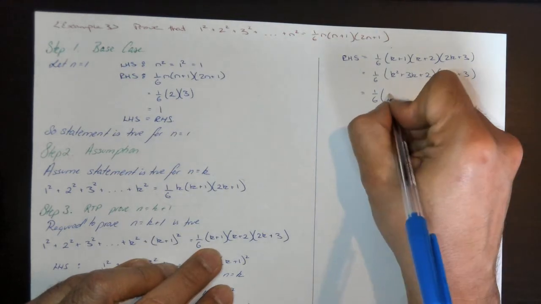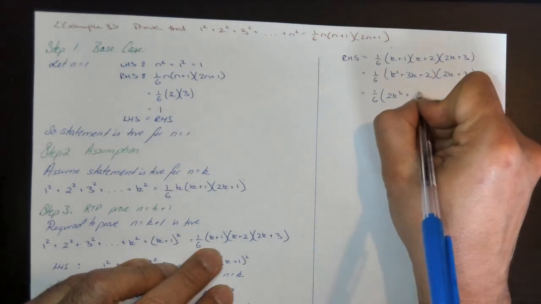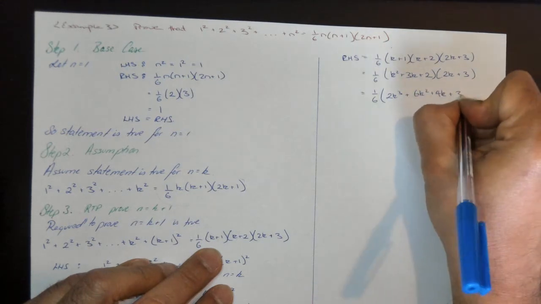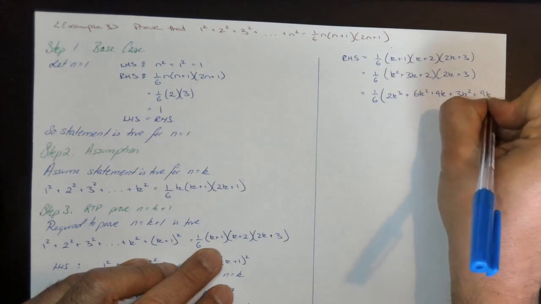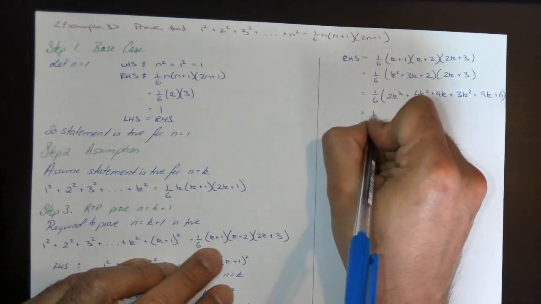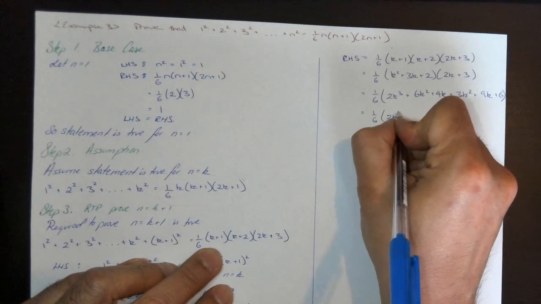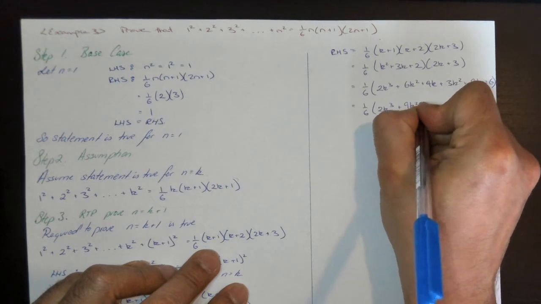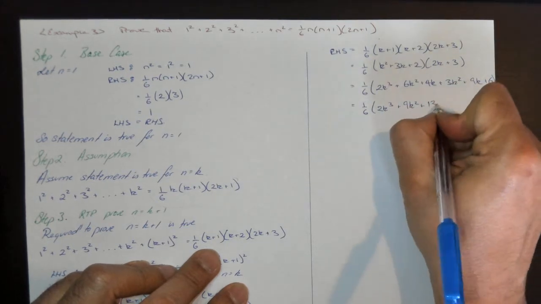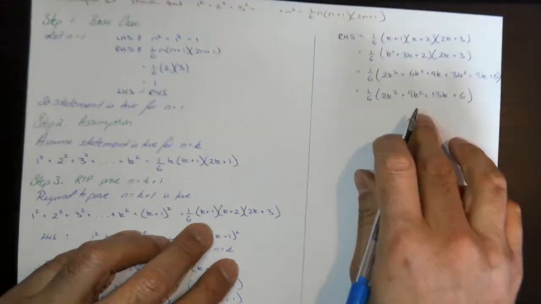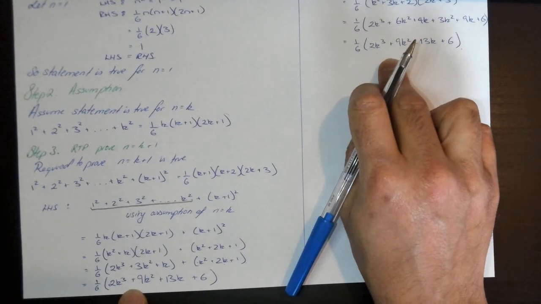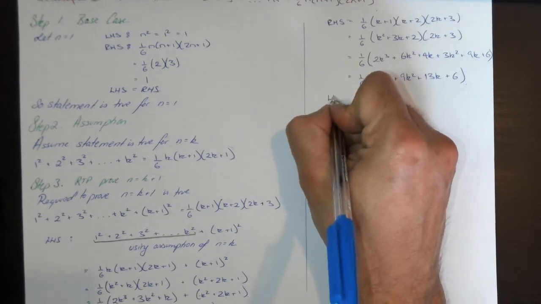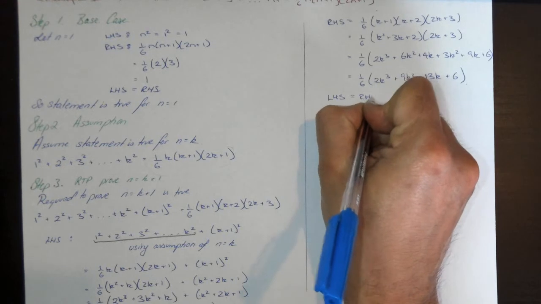So we get 2k cubed plus 6k squared plus 4k plus 3k squared plus 9k plus 6. Collecting like terms, 6 plus 3 is 9k squared. 4 plus 9 is 13k plus 6. Now that does look like this. So we can now state that the left-hand side is equal to the right-hand side.